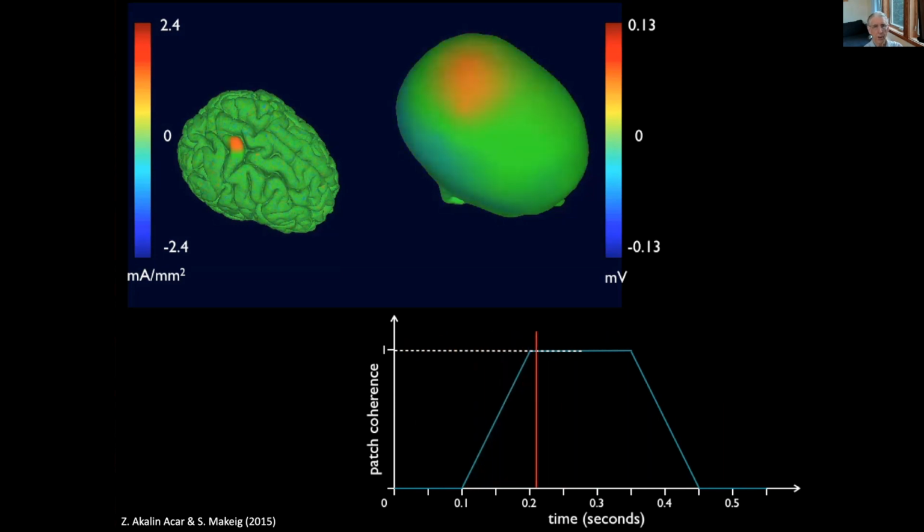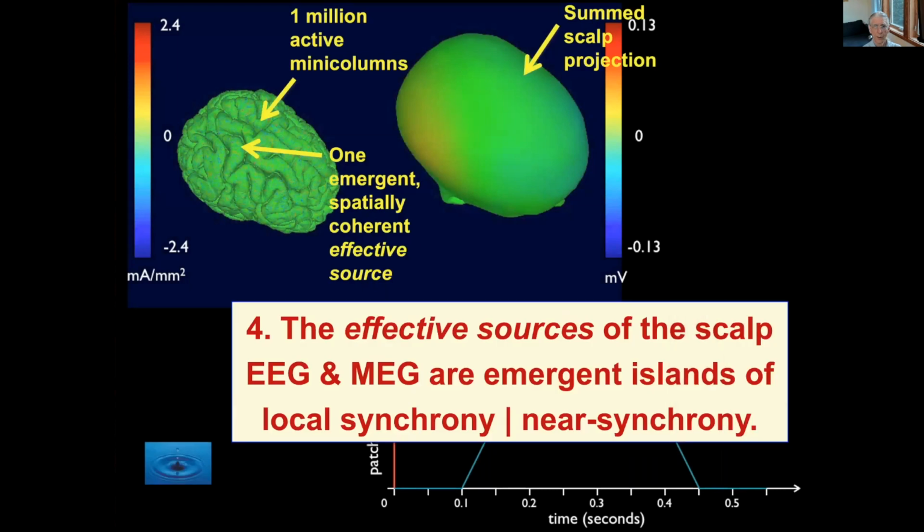The actual sources are 1 million, but the ganged phase coherent activity in the small patch acts as a powerful effective source of EEG. So my hypothesis is that the effective sources of scalp EEG are mainly emergent islands of local synchrony or near synchrony in cortex.